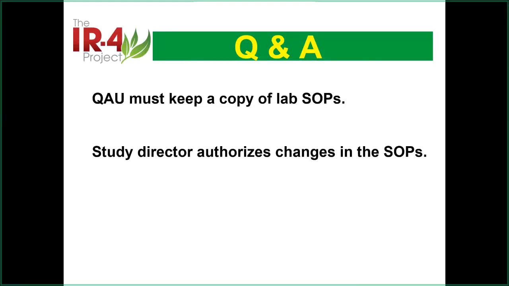QA cannot approve the lab SOP, cannot approve anything or verify anything. The only thing QA can sign is acknowledgement: I received it. That's the only thing. QA is not supposed to say anything about the SOP. But the different thing is, does the QA have to keep a copy of the lab SOP? So it's true or false.